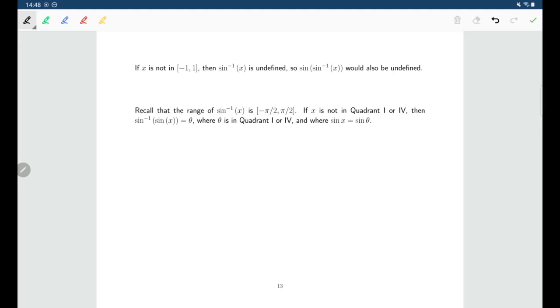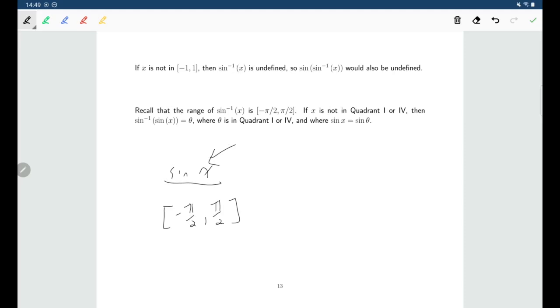Now, we do run into a little bit of a plot twist here. If we're talking about a value of x that's not inside the restricted domain of sine, remember that for sine x, the restricted domain was values between negative pi over 2 and pi over 2. But that doesn't mean that you couldn't put other values of x into this function.